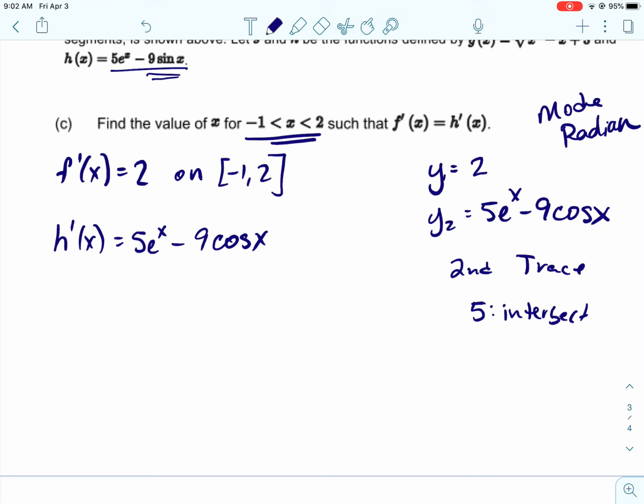All right, and then because they cross 4 places, we need to make sure we move close to the point we're finding. So I just put my cursor right on top of the point I'm finding, and then you have to hit enter 3 times. Hold on.